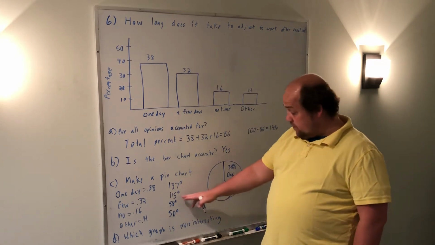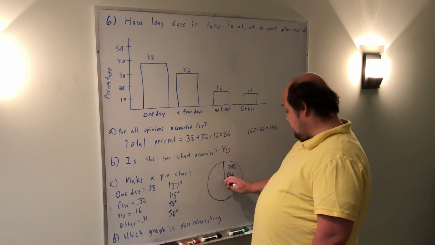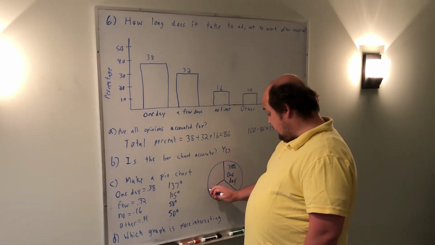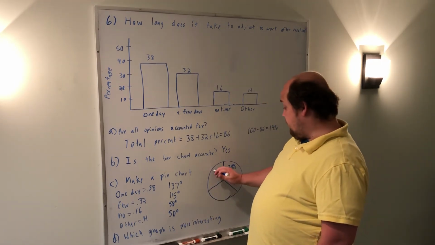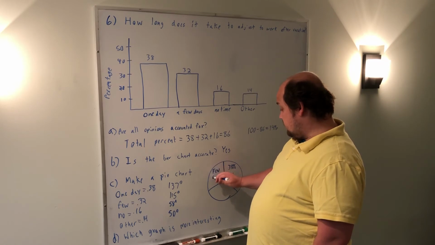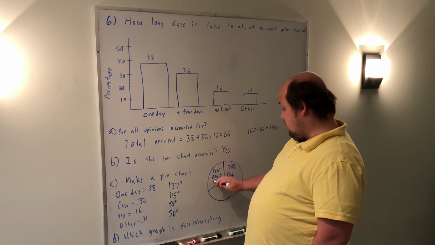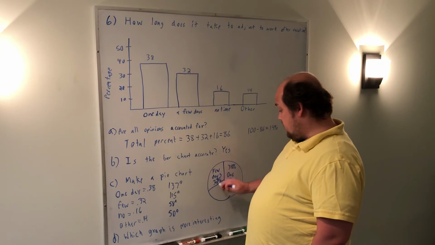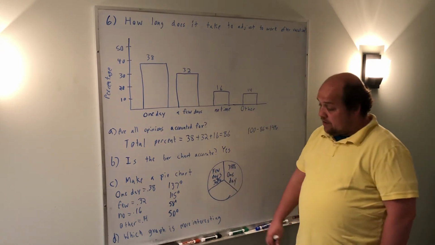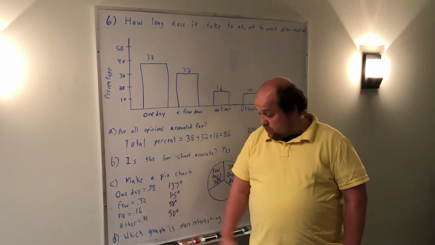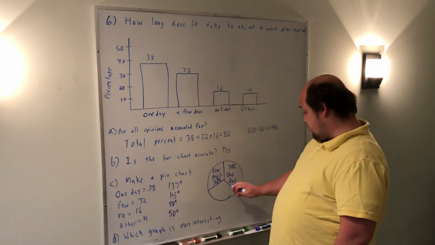Next biggest piece is 115. This should be slightly more than a 90-degree angle, so let's call it like that. That was a few days. And we're going to label that 32%. When we break up this remaining area, we want one section, no, to be slightly larger than the other section, other.